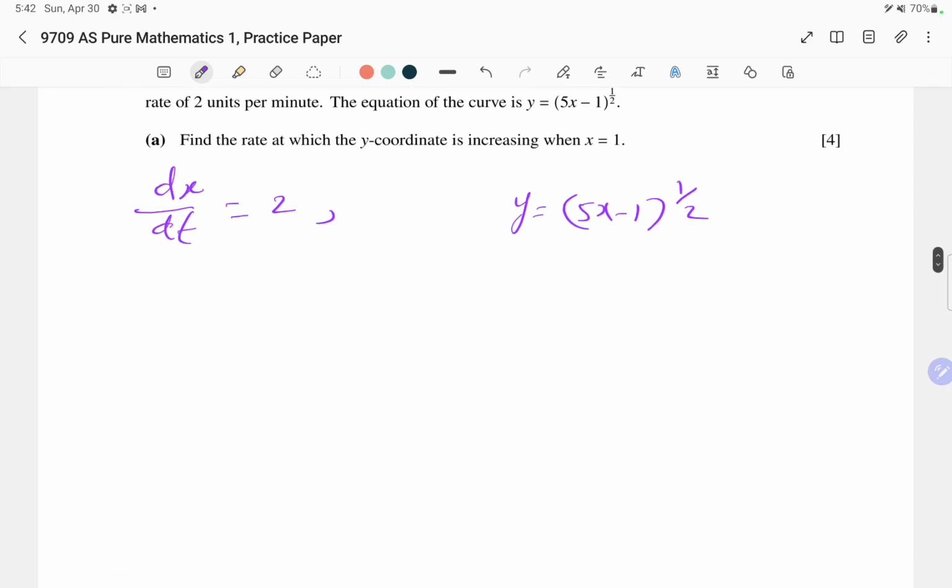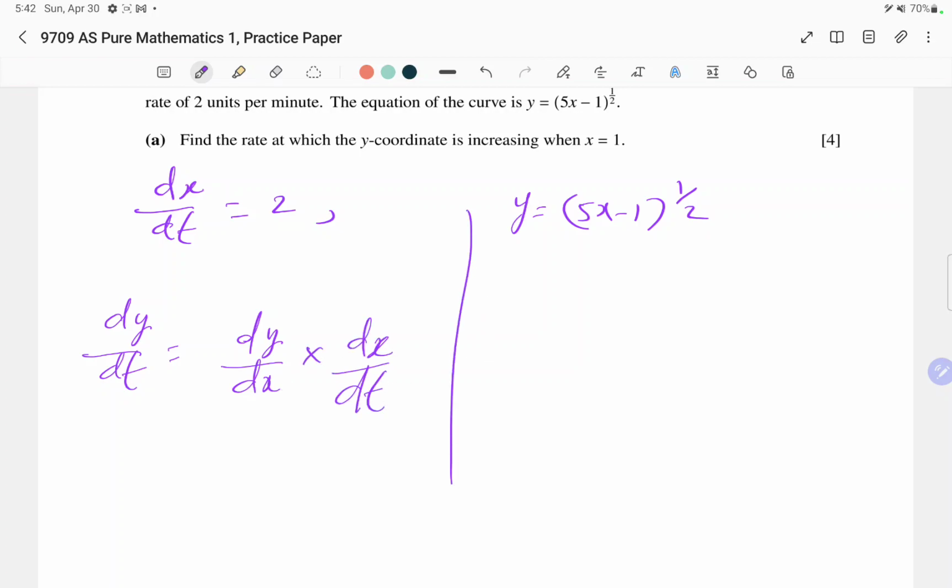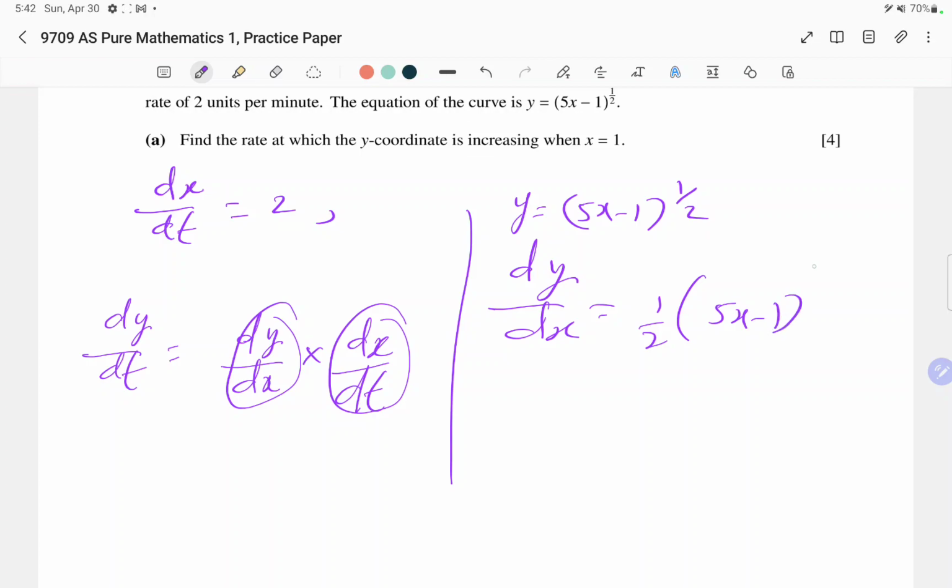So guys, we know that dy over dt we need to find. So dy over dt can be written as dy over dx times dx over dt. So dx over dt is available, dy by dx we need to find. So just differentiate this with respect to x. So half will come here, then (5x minus 1) to the power half minus 1, then the x coefficient is 5, which you have to write here.